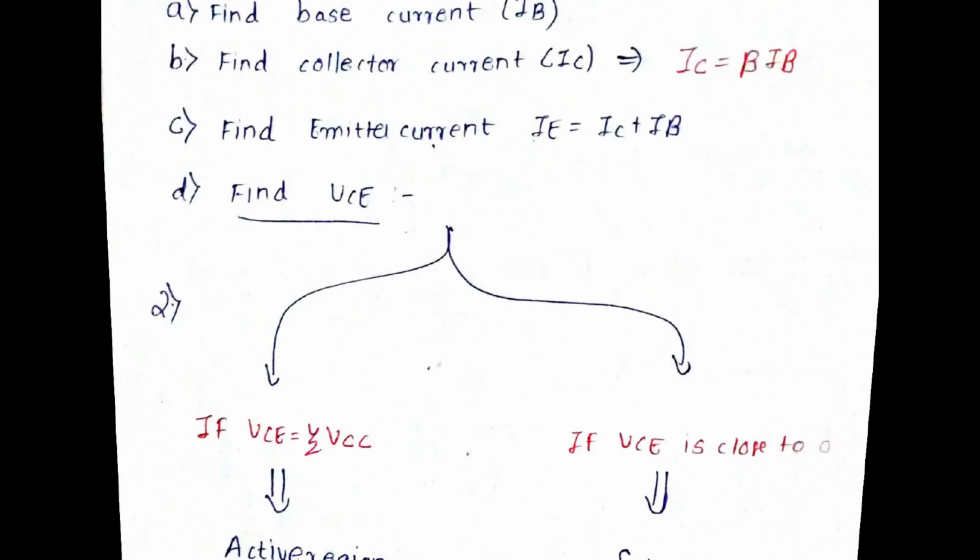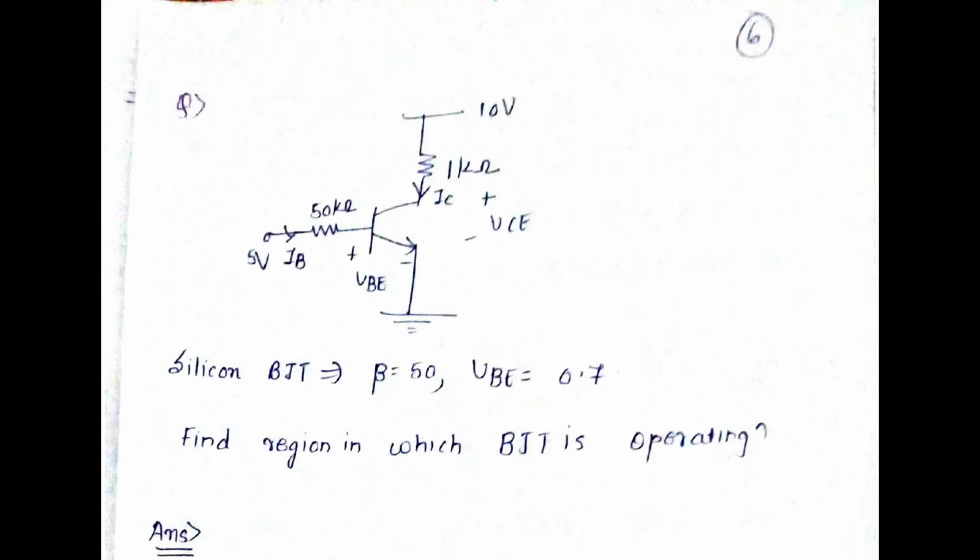We will be recalling the steps in the next class also, and then trying to solve a numerical on it. It's one of the most famous numericals asked in university exams and competitive exams, wherein a BJT diagram configured in a particular mode will be given to you, and you have to understand the operation region for that. How to solve it, I'll be explaining to you in the next class.